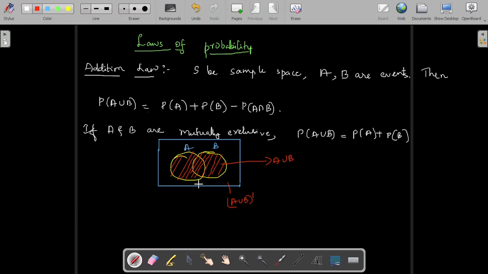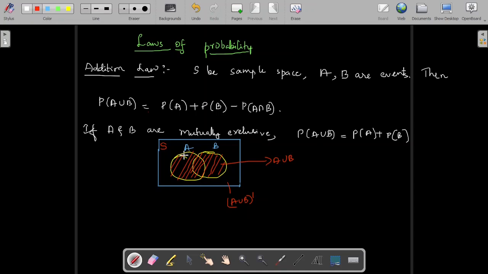Using the set theory concept, if you have two sets A and B, this is the whole sample space. The sample space is the universal set, represented by a rectangle. A and B are subsets, which are nothing but events in the case of probability.